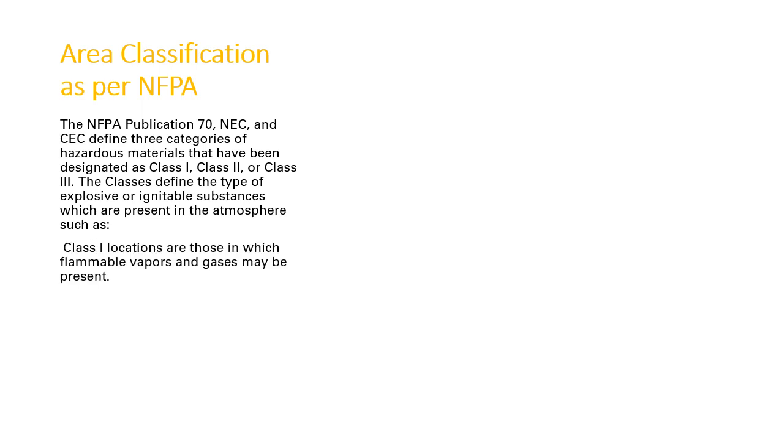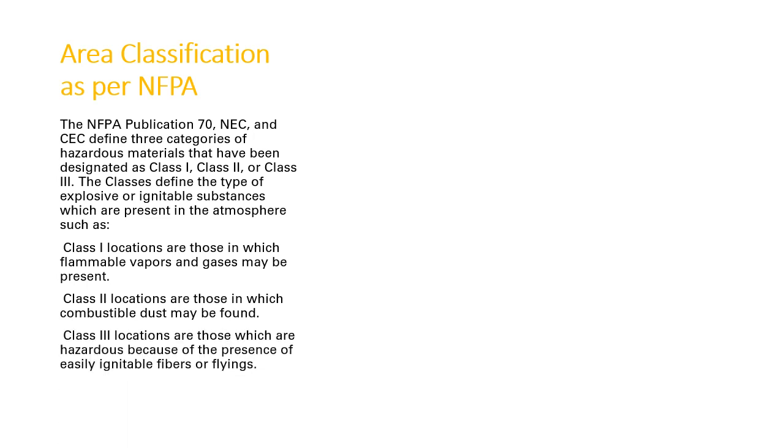Class 1 locations are those in which flammable vapors and gases may be present. Class 2 locations are those in which combustible dust may be found, and Class 3 locations are those where ignitable fibers and flyings are present. So Class 1 is for vapors and gases, Class 2 is for dust, and Class 3 is for fibers and flyings.